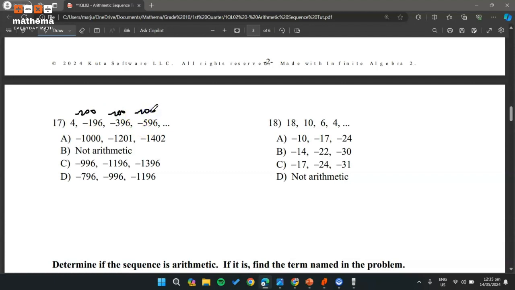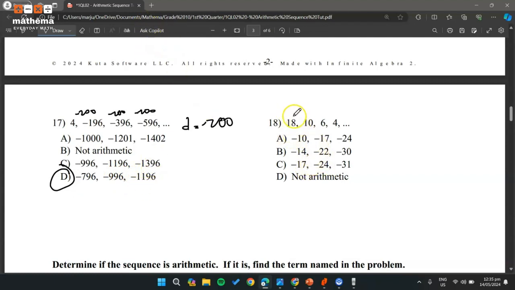As you can see here, we have a constant difference of negative 200. So this is arithmetic. To find the next three terms, simply add negative 200 to the last term, which is negative 596. That should give us letter D: negative 796, negative 996, and negative 1196.